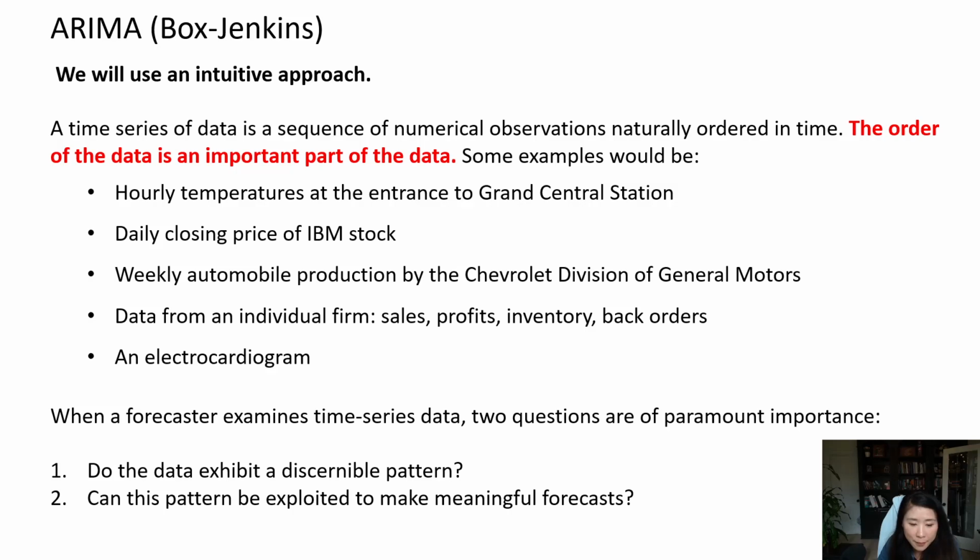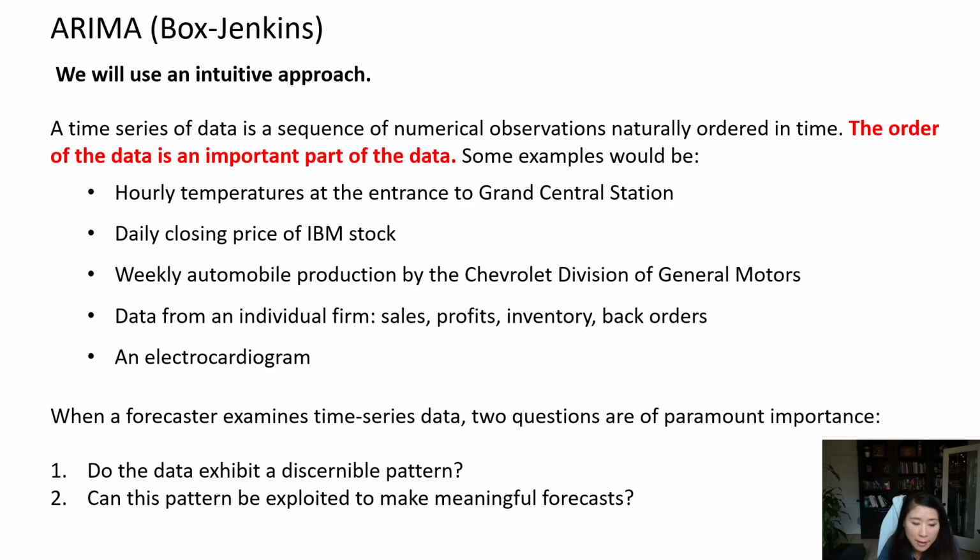Another example is data from an individual firm, such as daily sales, yearly profit, daily inventory, and daily back orders. Those data can be recorded daily, so it's ordered data, ordered by date.